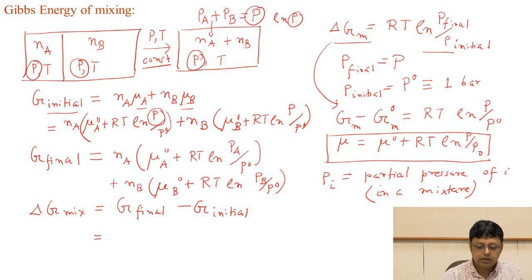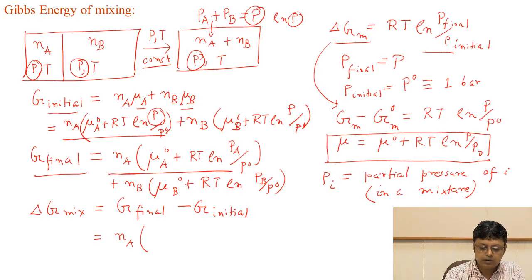You can see that we have an interesting relation here. If you subtract G initial from G final, you can see that all these terms, mu A0, mu B0, they cancel, and finally we can get something like Na if we just collect the terms of Na together. So look at it. We are subtracting this term from this term.